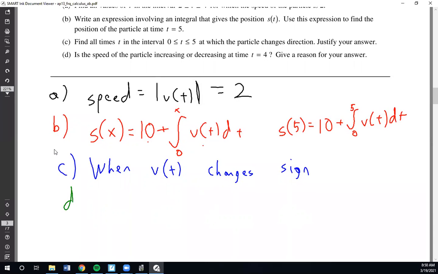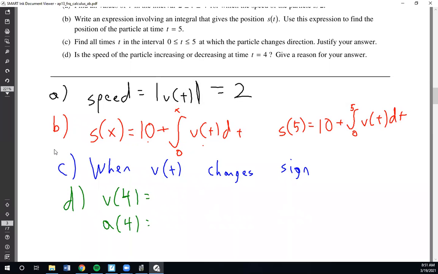Part D is the speed increasing or decreasing. That's a speeding up or slowing down question. So that means we are going to compare, at 4, the velocity with the acceleration.